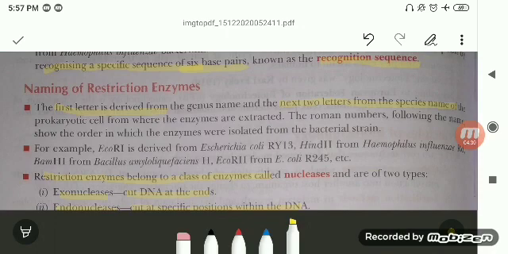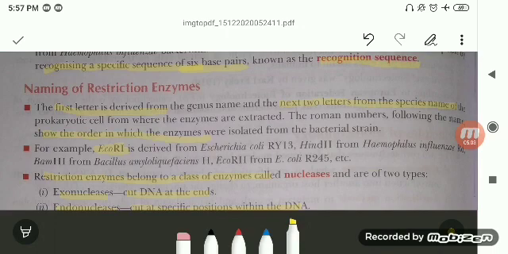The Roman number following the name shows the order in which the enzymes were isolated from the bacterial strain. The example is EcoRI, a very commonly used restriction enzyme. The first letter E comes from the genus Escherichia, CO comes from the first two letters of the species coli, and RY13 is the strain.